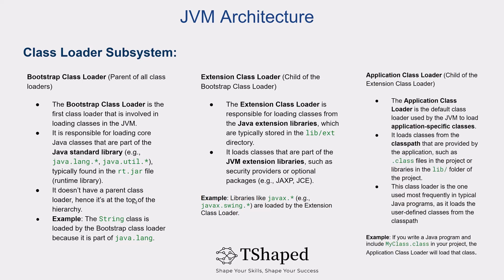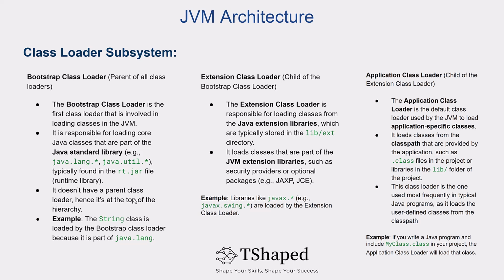And then we have the application class loader. It loads the classes which are specific to the application, whatever classes you have coded apart from the predefined classes and the Java extension library. Whatever code you have written, for example MyClass, or any code apart from the predefined code, will be loaded into the JVM's ecosystem.